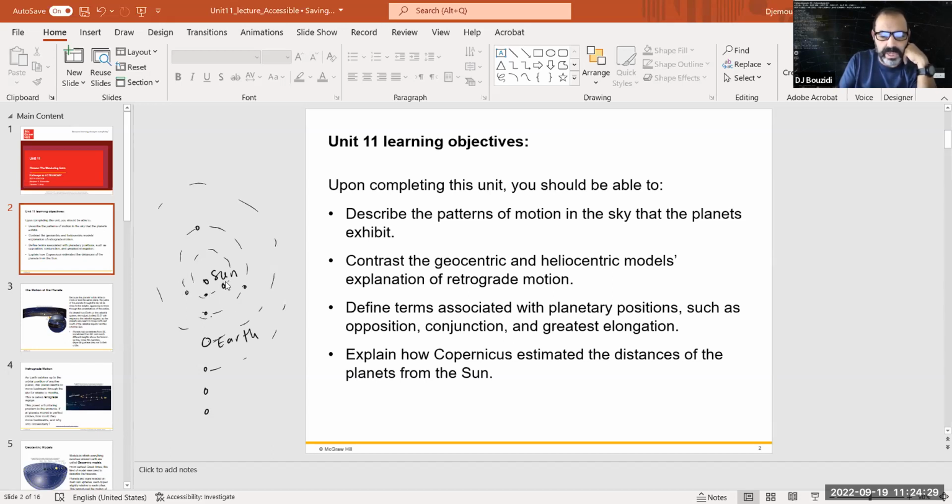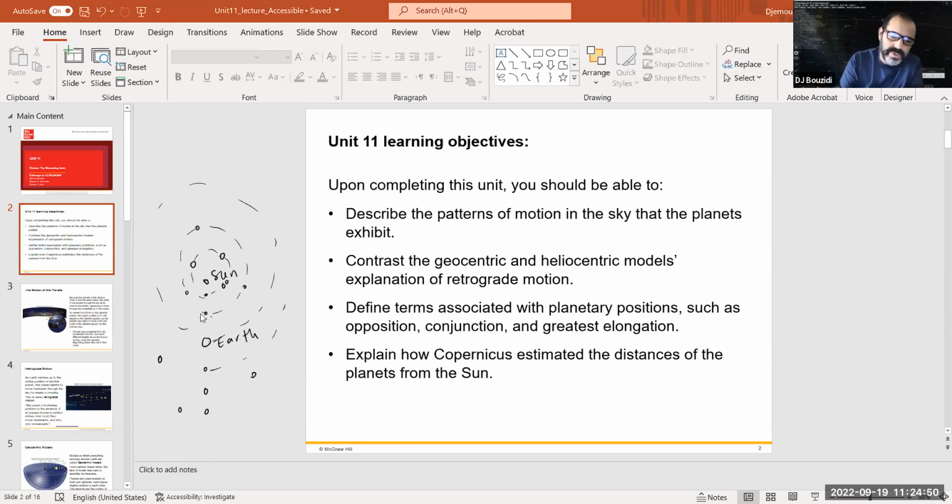Same thing with Mercury. Mercury could be here, if you like, or here, or anywhere in its path, okay? Same thing with Mars, and same thing with Jupiter. Jupiter could be here, and Saturn could be here. As long as they're on their own path, there's no problem with it. They could be anywhere on the path as long as we take any point of reference.